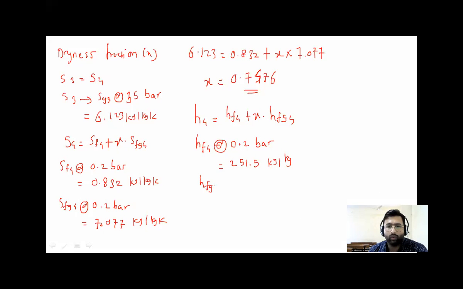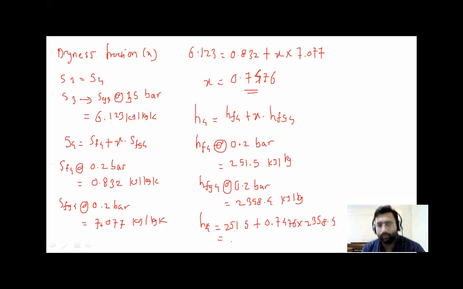HFG value at 0.2 bar is 2358.4 kilojoule per kg. Calculate H4 as simple as it is: 251.5 plus dryness fraction 0.7476 into 2358.4.